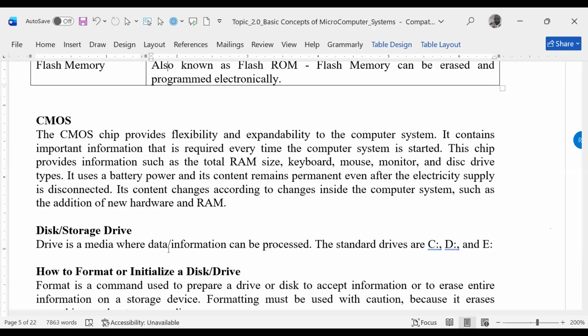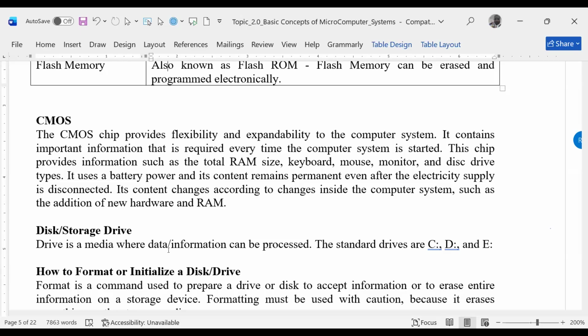The CMOS chip contains programs that can be used to upgrade your computer system, and to determine the compatibility of your computer system with another system or device. So if your computer can be connected to any device, it's the job of the CMOS. If your computer can be upgraded or expanded, it's the job of the CMOS.